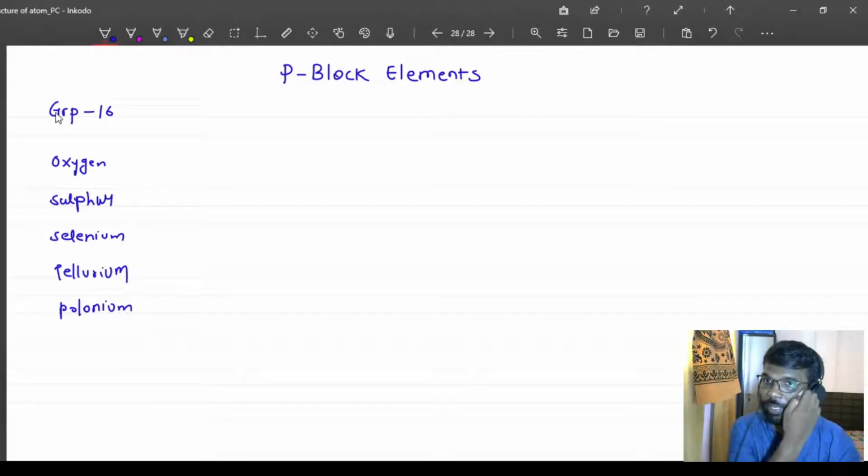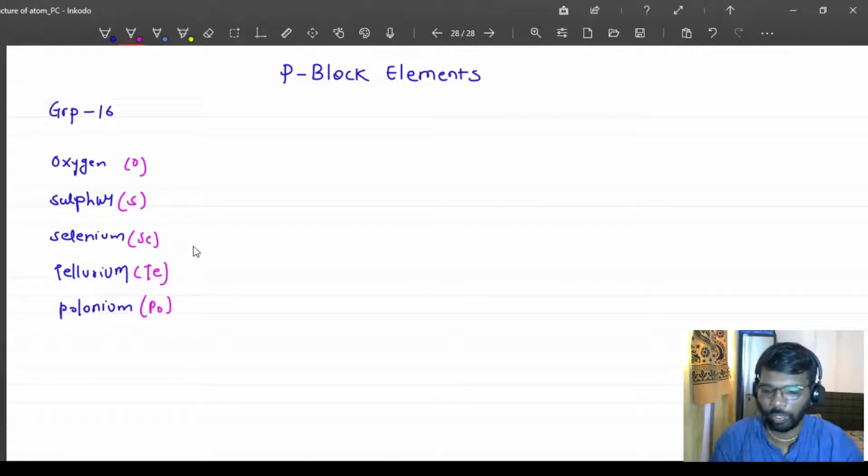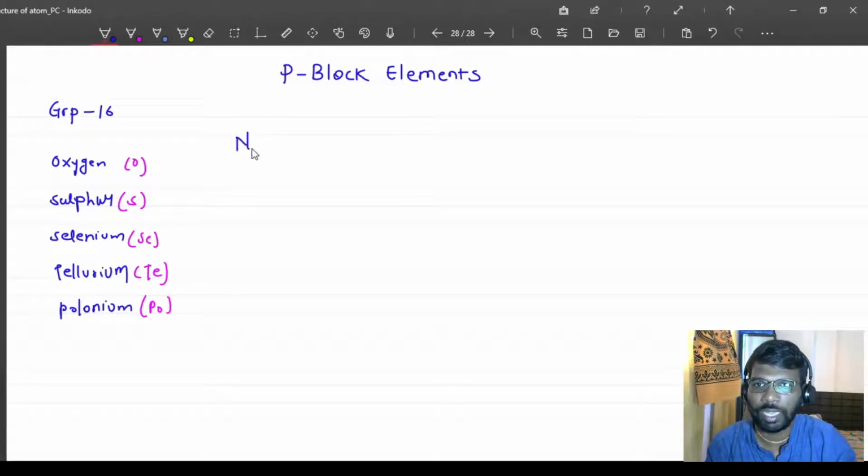Okay, these are the elements of the group 16: first element oxygen, then sulfur, selenium, tellurium, and the polonium, right? So here I will write the symbols: oxygen, this is sulfur, this is selenium, this is tellurium, and this is polonium. Now what? Now talking about the nature of these elements.